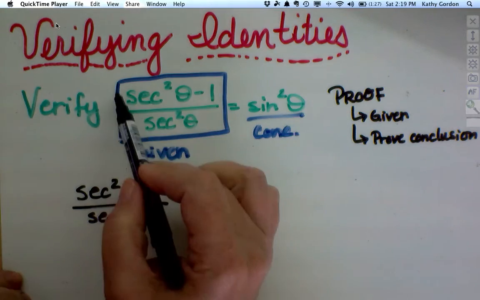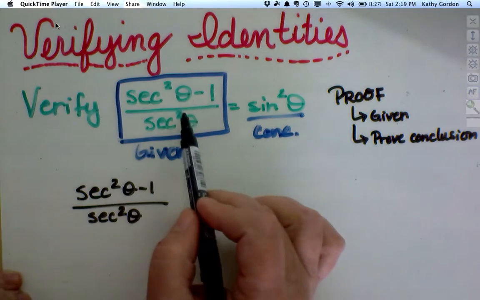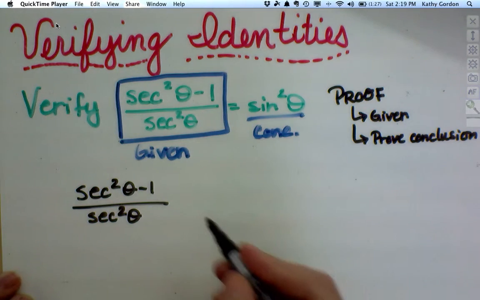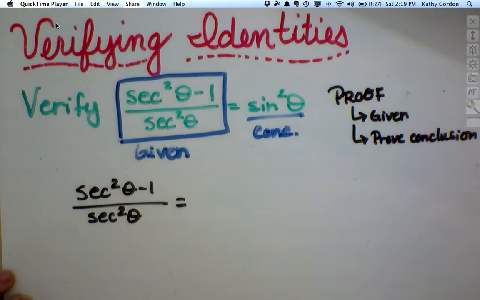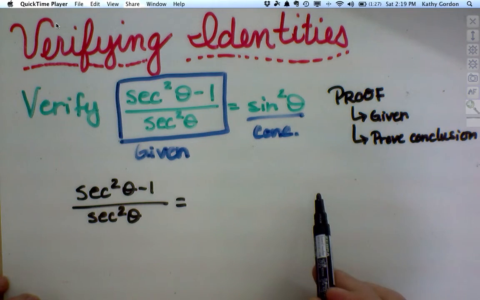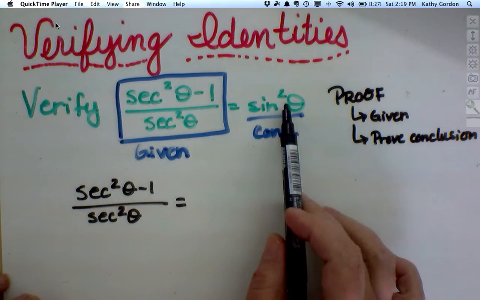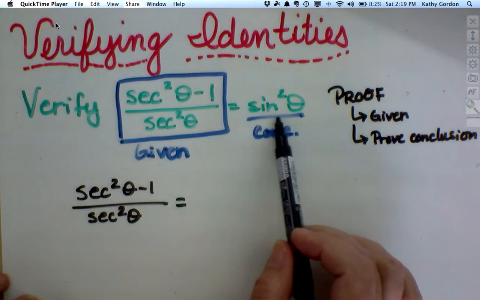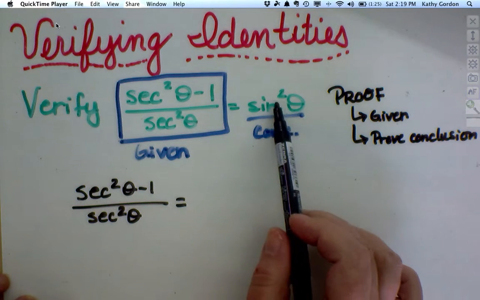So if we're deciding that this is the bigger side, this is our given, I need to rewrite that side first. And then I start going through the process of using algebra and using our trig identities to rewrite this expression in other equivalent forms until I finally get it into this expression. So we always want to keep this in mind as our end goal.